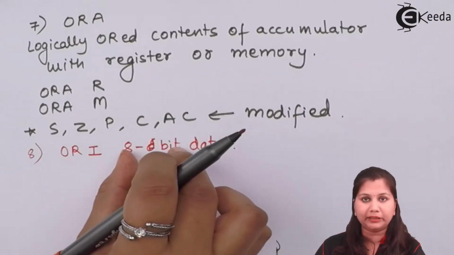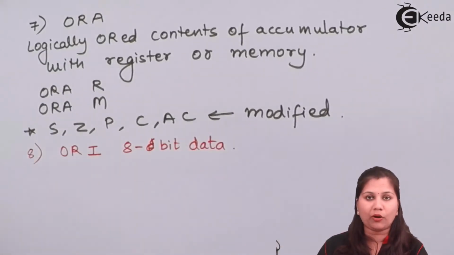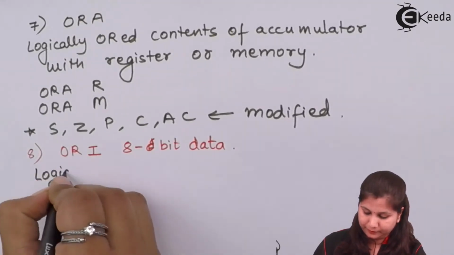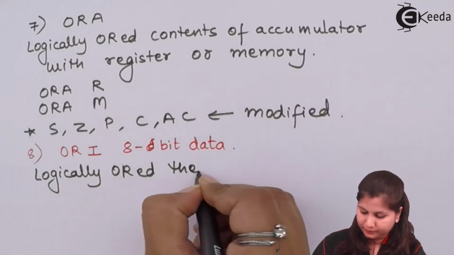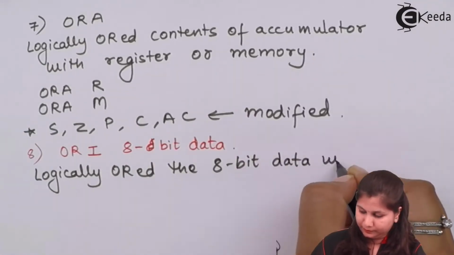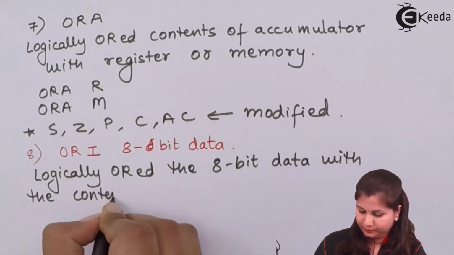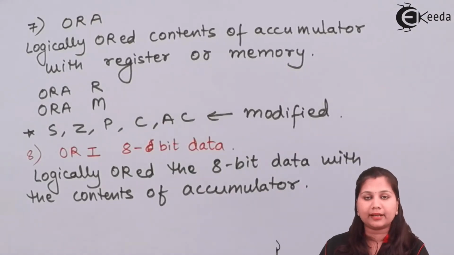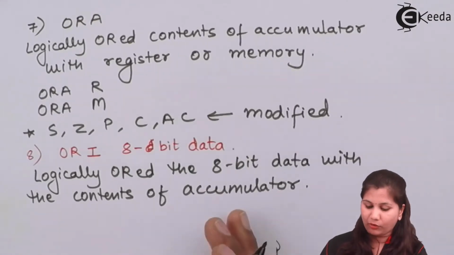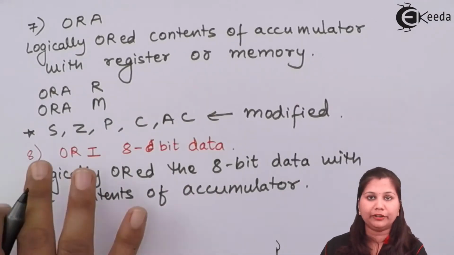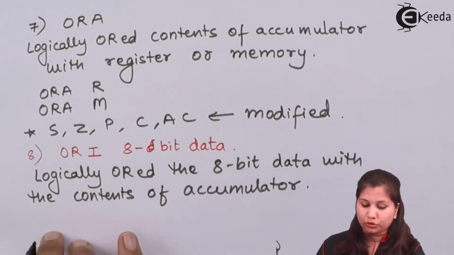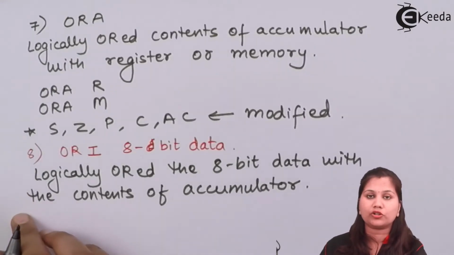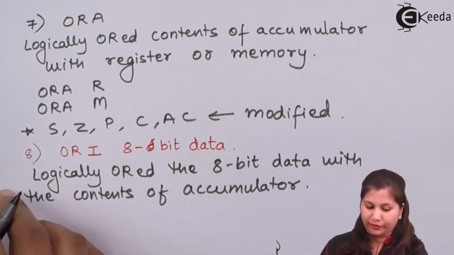The operand is the 8-bit data, and it will be logically ORed with the contents of the accumulator. Result is again stored in the accumulator itself, and all the flags are modified due to this instruction. So these instructions are performing the logical operations like logical AND, logical OR, and logical exclusive OR.